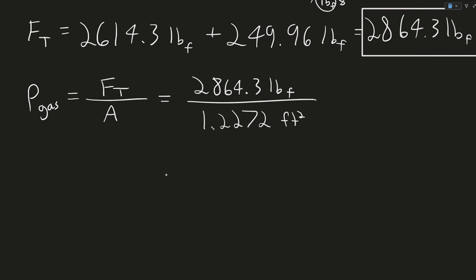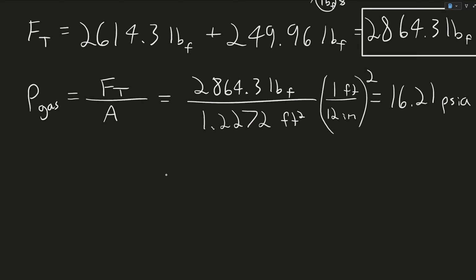But in order to convert to psi, we need to multiply by our conversion factor of 1 foot per 12 inches, and then square our conversion factor. This gives us that the pressure of the gas is equal to 16.21 psi. And it's absolute, so you can add an A.